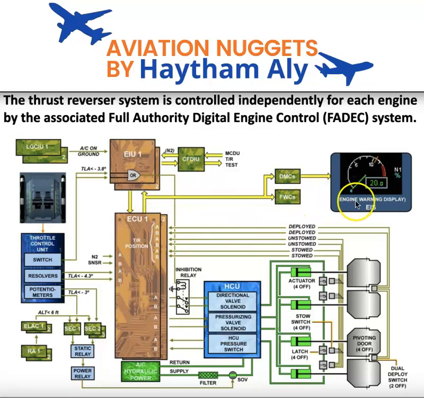So indication of the thrust reverser will come on the N1 dial. No indication when the thrust reverser is fully closed, thanks to the stow switches on each door.